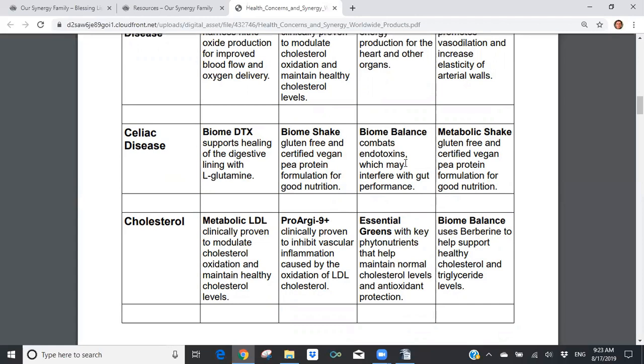If I've got a person who's got a cholesterol concern, I want them on Metabolic LDL, clinically proven to modulate cholesterol oxidation and maintain healthy cholesterol levels. Metabolic LDL is clinically proven to prevent the oxidation of very low density lipoprotein. That's the problem. And then I would certainly recommend Pro-Arginine Plus, although nitric oxide specifically doesn't address cholesterol issues.